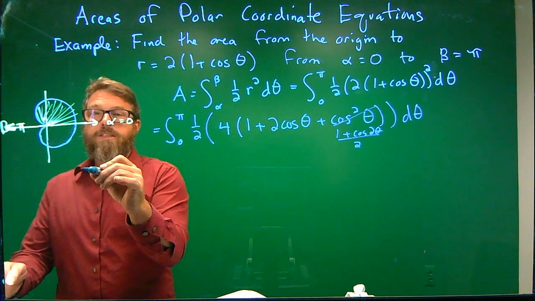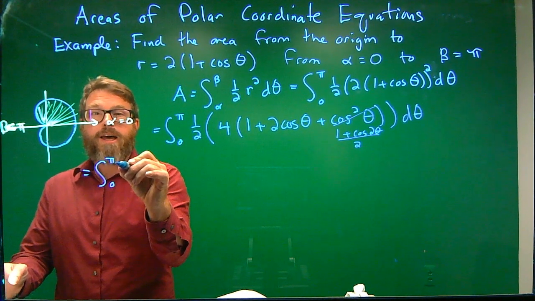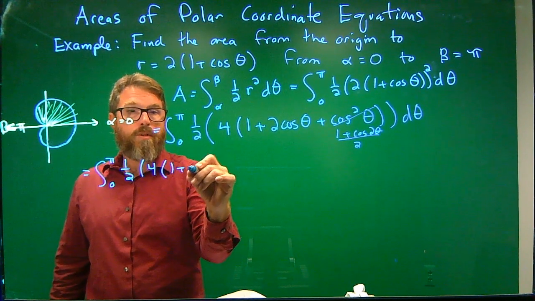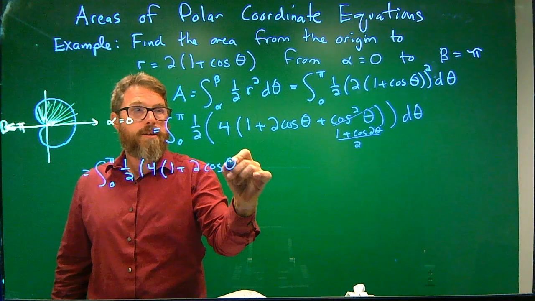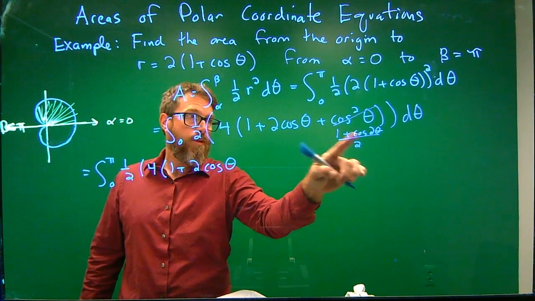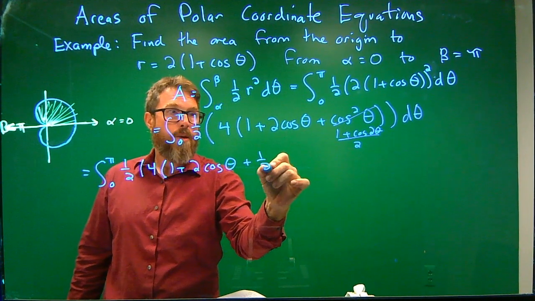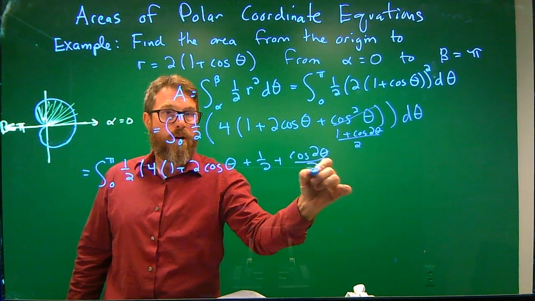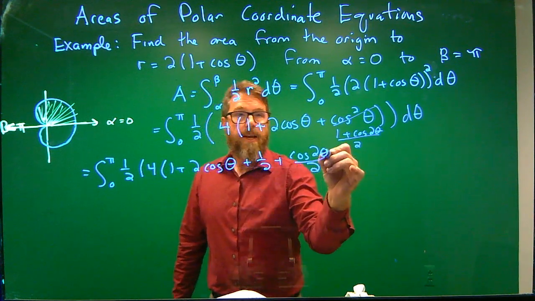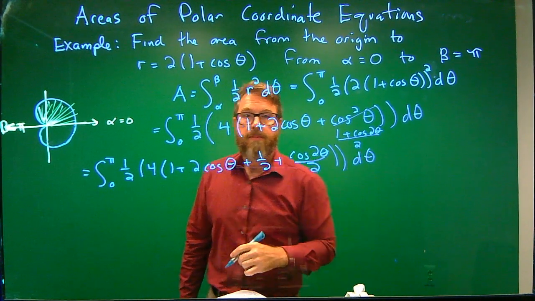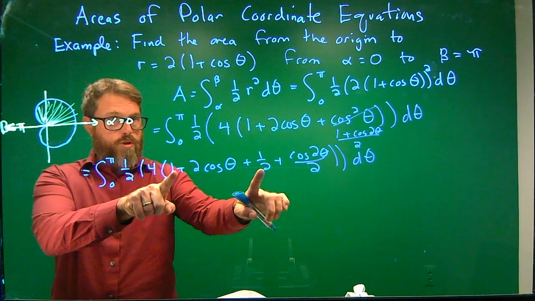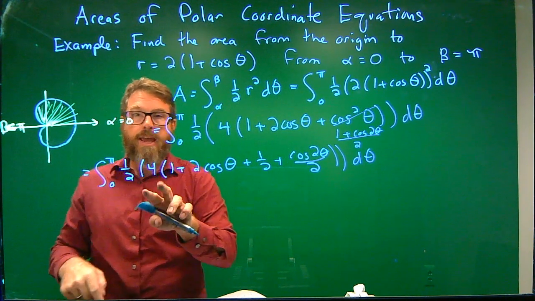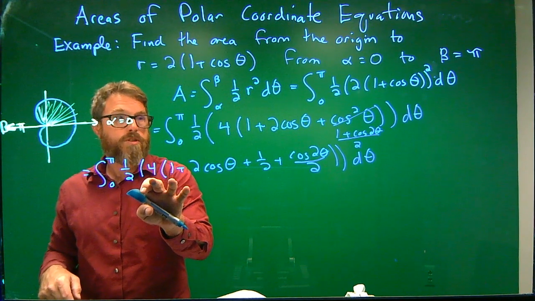Simplifying, this is the integral from 0 to pi of 1/2 times 4 times 1 plus 2 cosine of theta, plus 1/2 plus cosine of 2 theta over 2, breaking this apart, d theta. I'm going to combine 1/2 and 1 to get 3/2. And finally, 1/2 times 4 is 2.